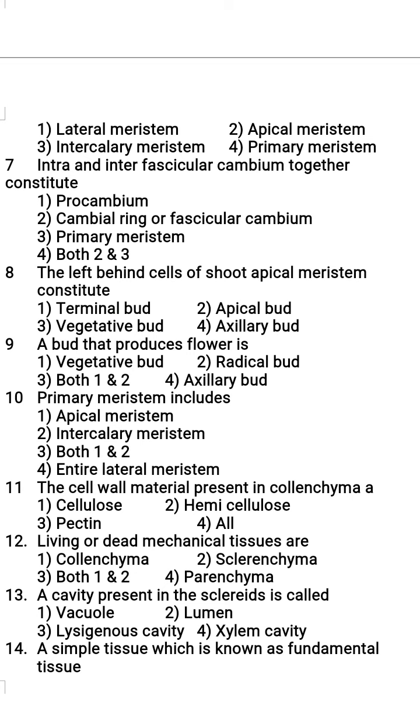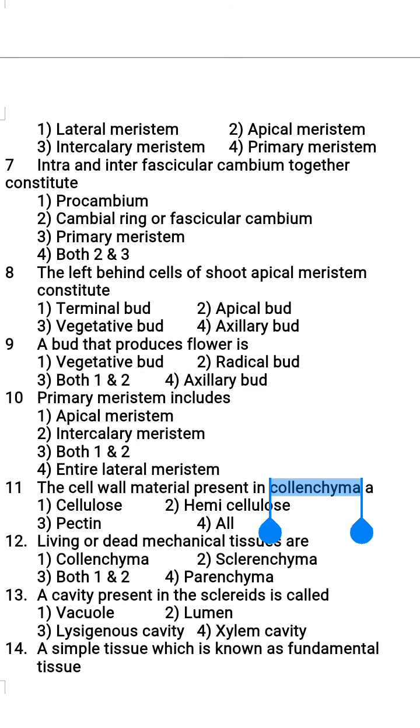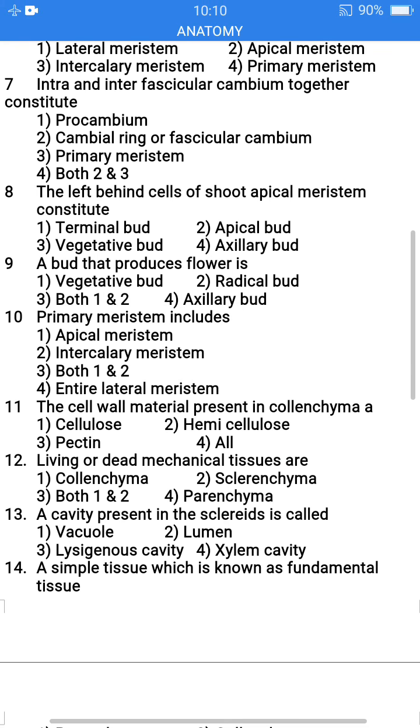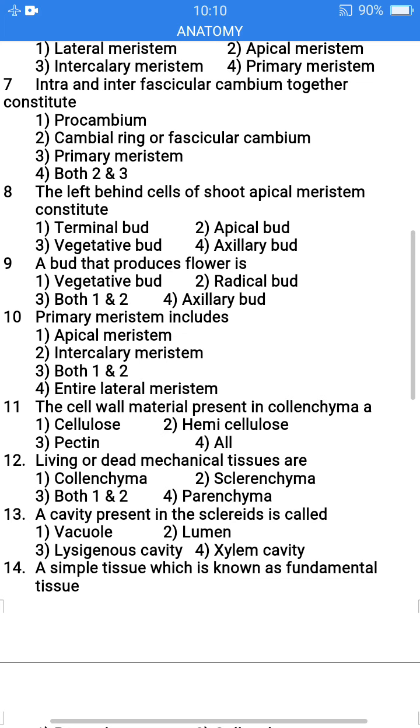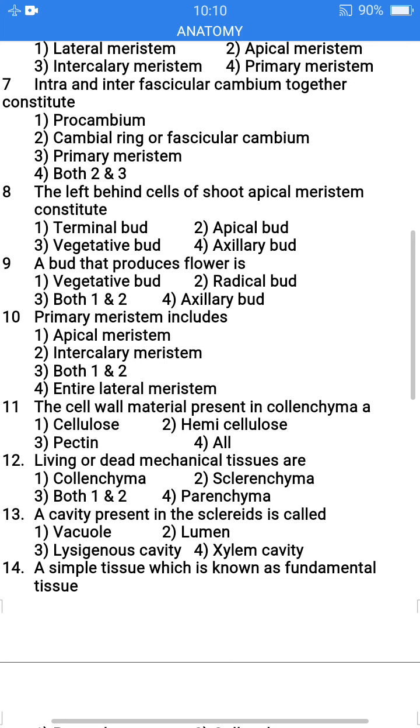A cavity present in the sclereids is called. This is the most important question from NEET 2018. Let's see options. Option 1 vacuole, option 2 lumen, option 3 lenticular cavity, option 4 vascular cavity.